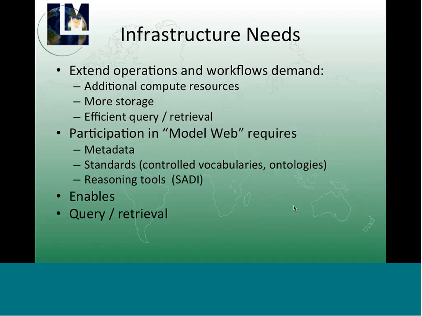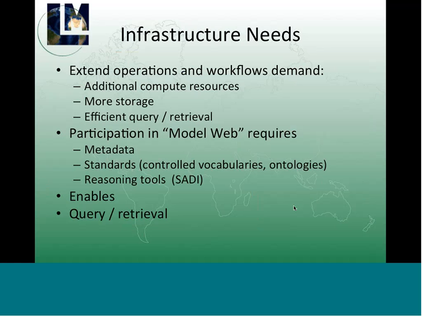So some of the infrastructure needs that we've had trouble with and that we're working on right now: we're extending our operations, and we're thinking of additional analysis tools and extended workflows that will demand additional computational resources.